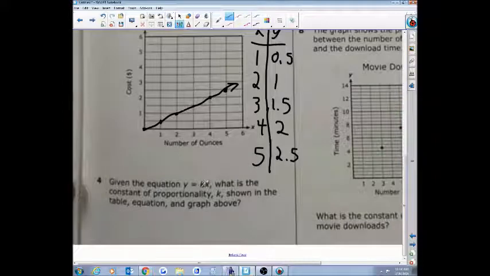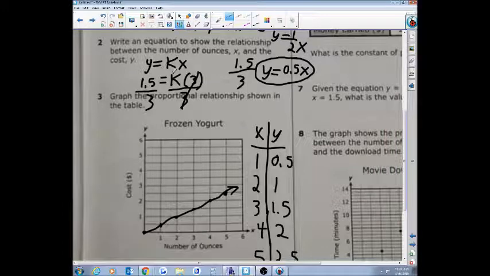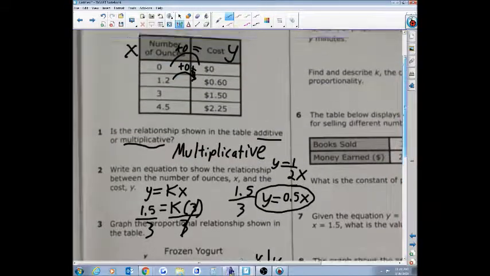Okay, given the equation Y equals KX, what is the constant of proportionality, K, shown in the table, equation, and graph above? Well, we already figured that out up here. Y equals KX, we substituted 2 of our values. When X is 3, Y is 1.5. We got that from our table up here.